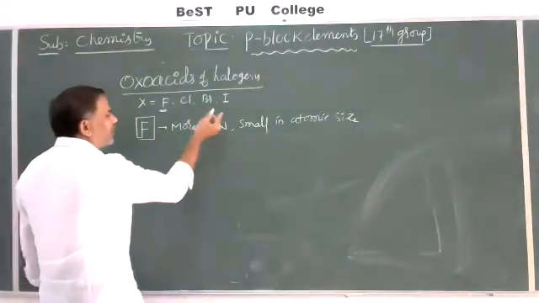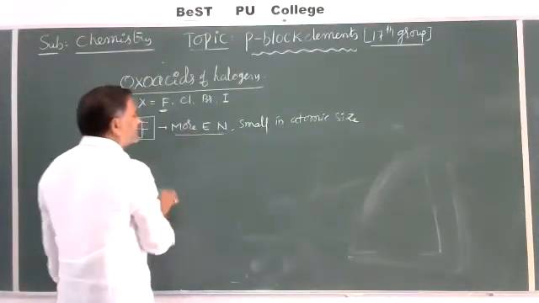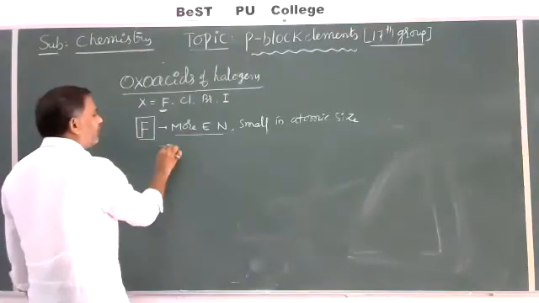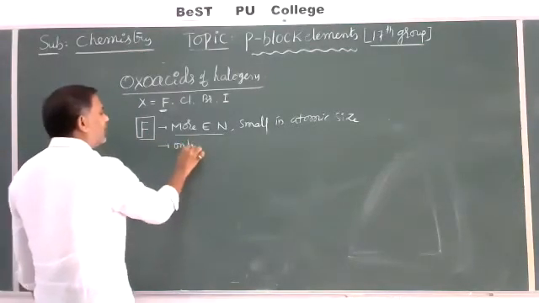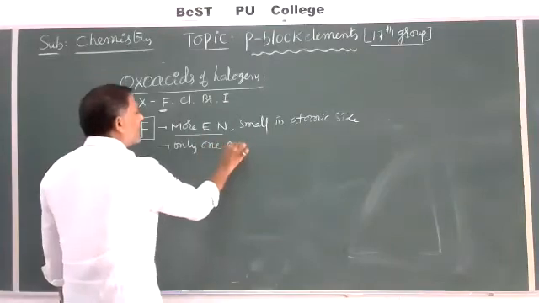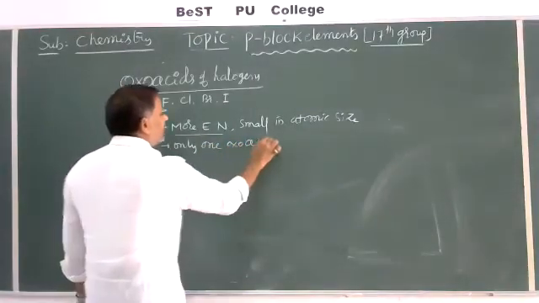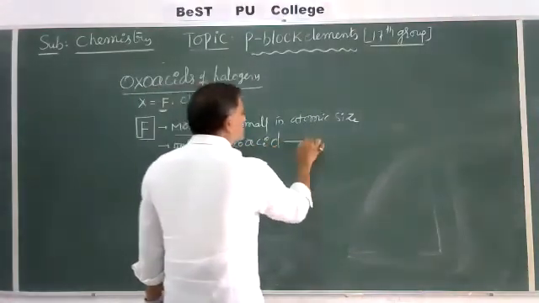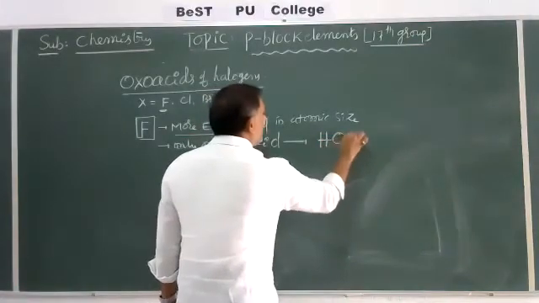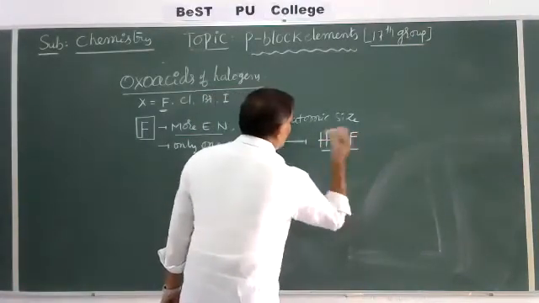Due to small atomic size and high electronegativity, fluorine forms only one oxo acid. That oxo acid is HOF. This is very important, only one.